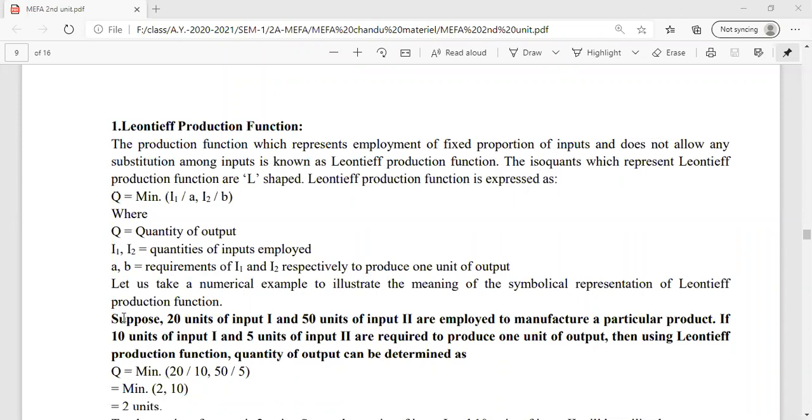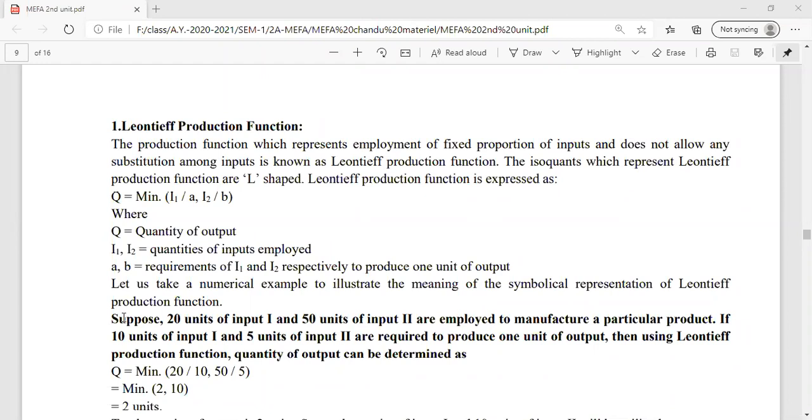So here, there are some cases where we can't change one input with another input. For those cases, this Leontief production function is very much useful. Generally you can see this Leontief function in the production functions where we will be having a graph of L-shaped ones.